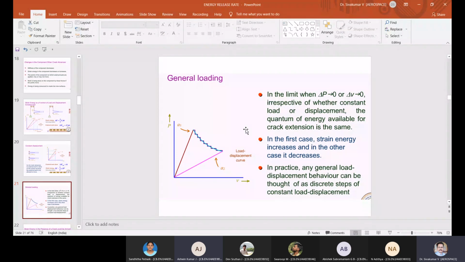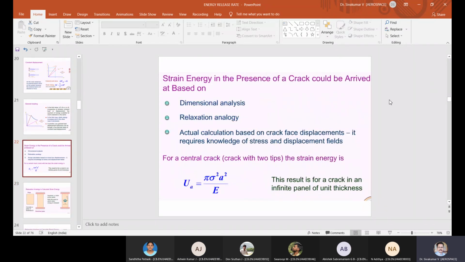In the constant displacement case it will decrease, and in the constant load case it will increase. So both will happen in the process of growth. Be careful: energy will increase and decrease, increase and decrease. This is the statement. Very important thing. I don't know how you forgot this particular statement.